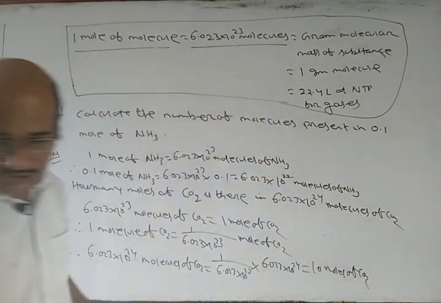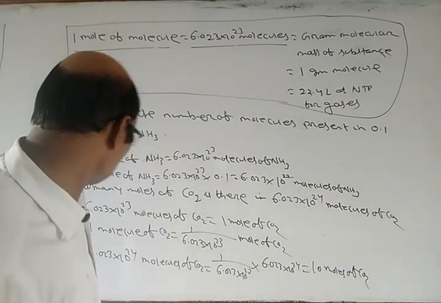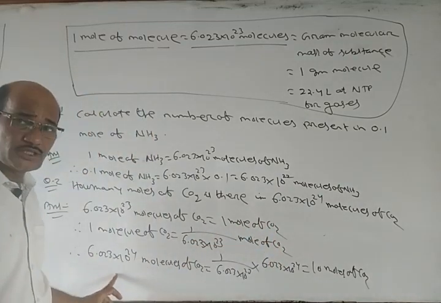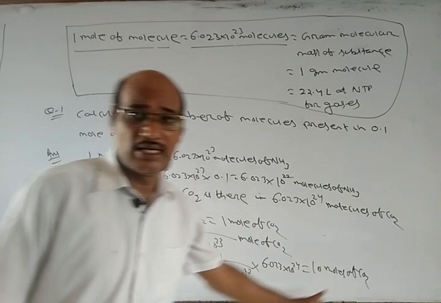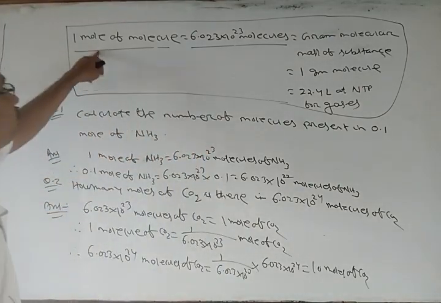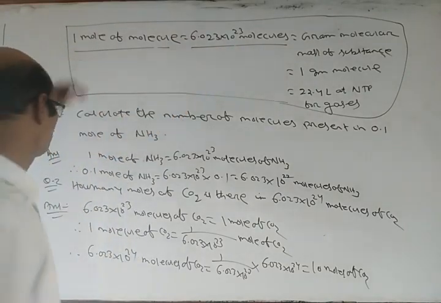So 6.023 into 10 power 23 molecules equal 1 mole. Therefore 6.023 into 10 power 24 molecules equal 10 moles of carbon dioxide. Okay, so this is your mole into molecule and molecule into mole.